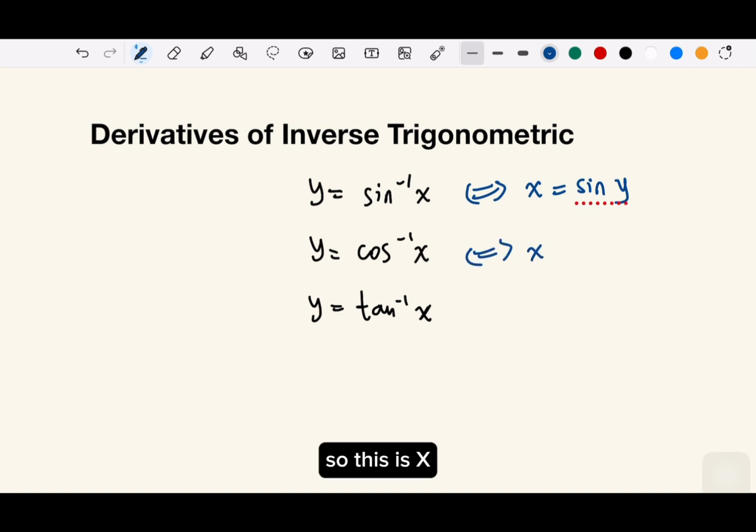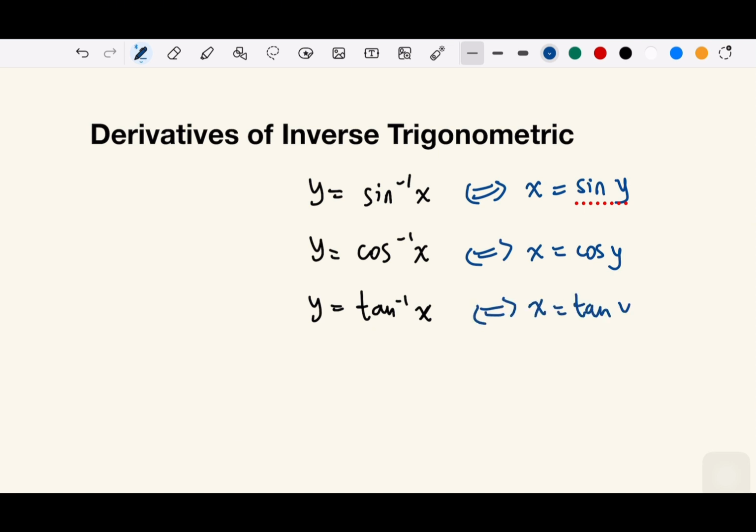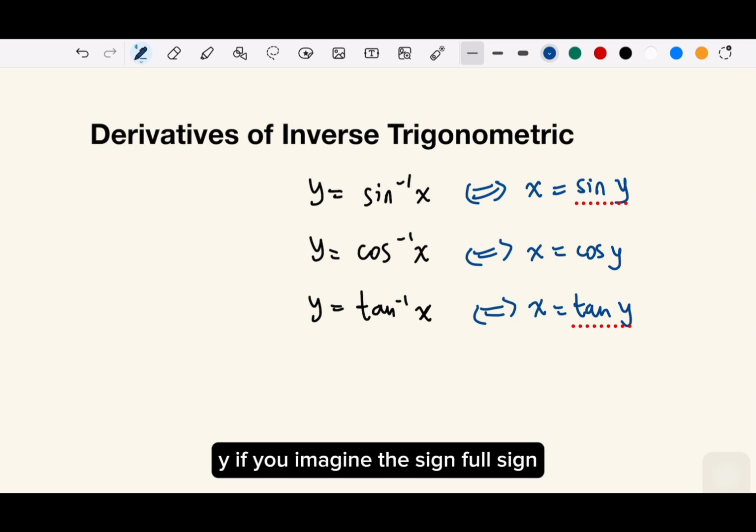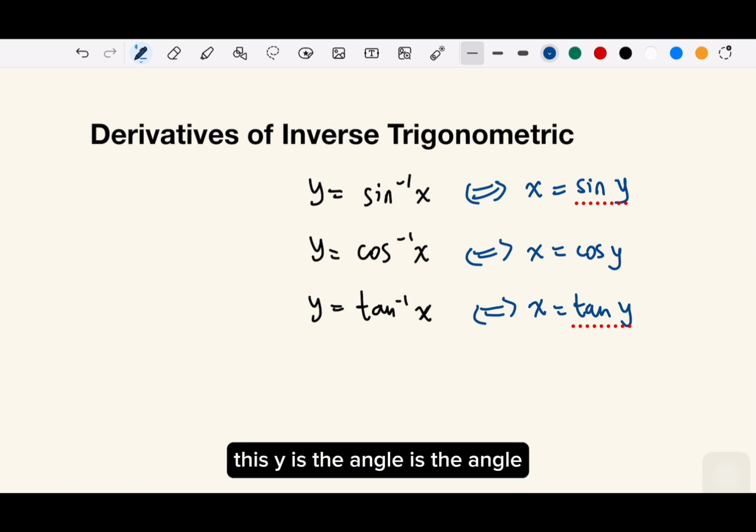Same way this is tangent y. So the value of y, if you imagine the sine, cosine, tangent with some value, this y is the angle. Okay? Is the angle.